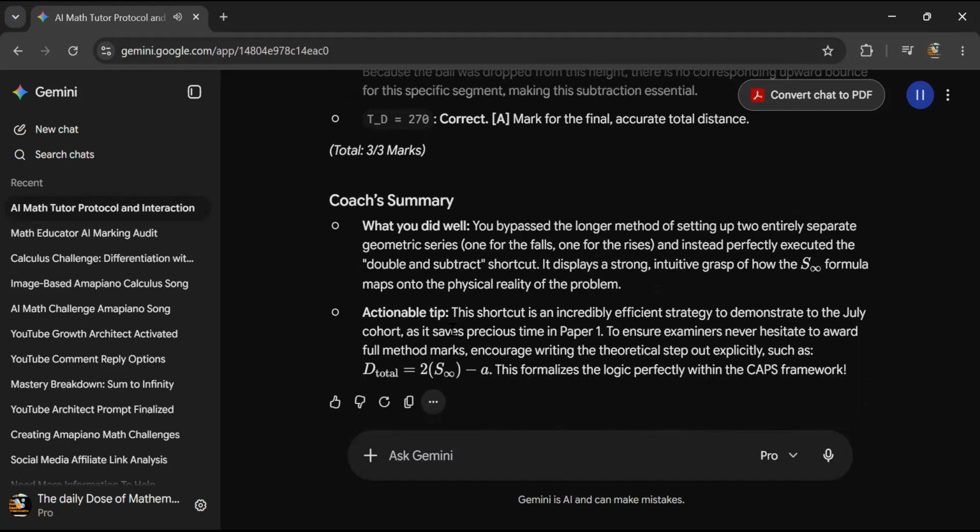Actionable tip: this shortcut is an incredibly efficient strategy to demonstrate to the July cohort, as it saves precious time in Paper 1. To ensure examiners never hesitate to award full method marks, encourage writing the theoretical step out explicitly, such as D total equals 2 S_infinity. This formalizes the logic perfectly within the CAPS framework.